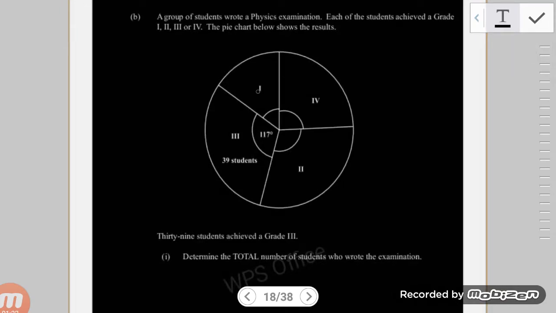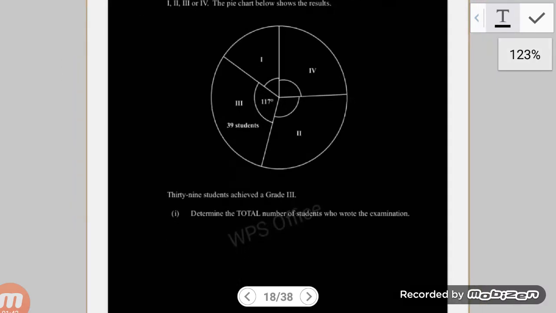In this pie chart, we don't know the angle for this sector or the angle for that sector. We only know the angle for this sector and how many students it represents. It says that 39 students achieved a grade 3, which we know here. Our job now is to determine the total number of students who wrote the examination.